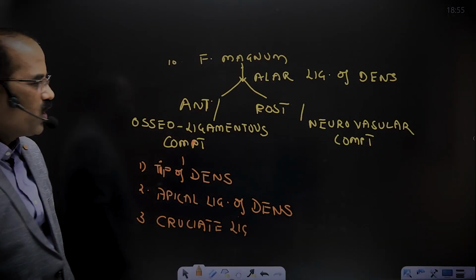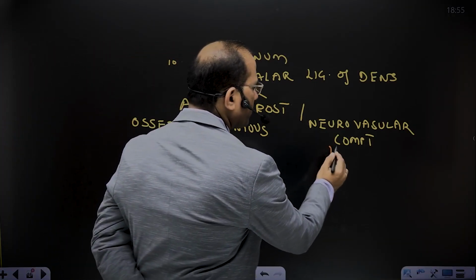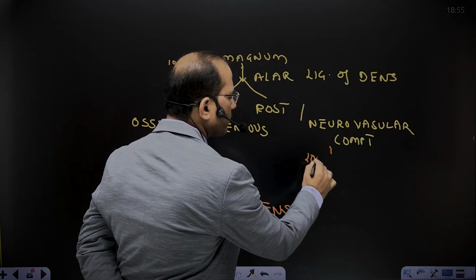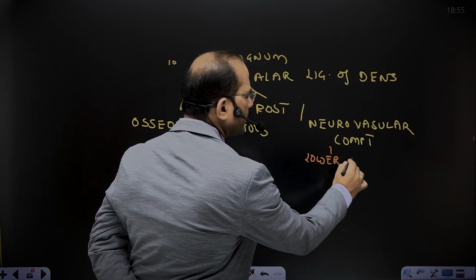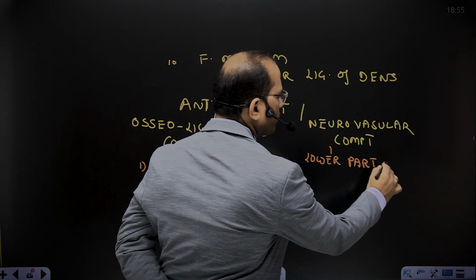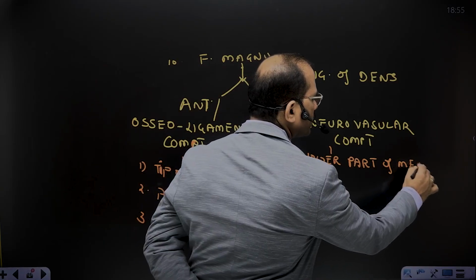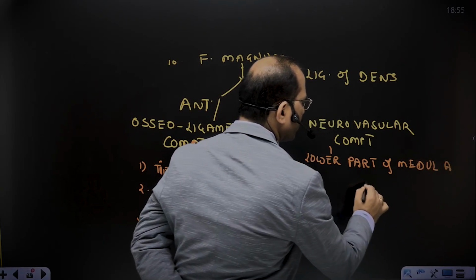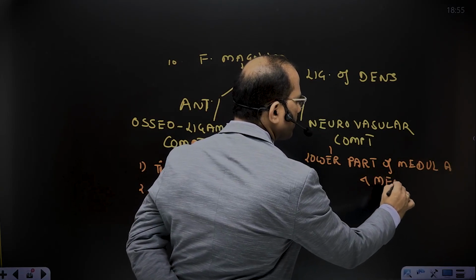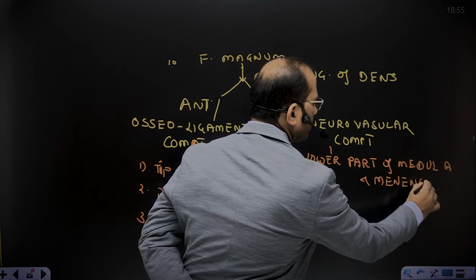What passes through the posterior compartment, the neurovascular compartment, is the lower part of the medulla. It's not the spinal cord; it's the lower part of the medulla and the meninges. What else?